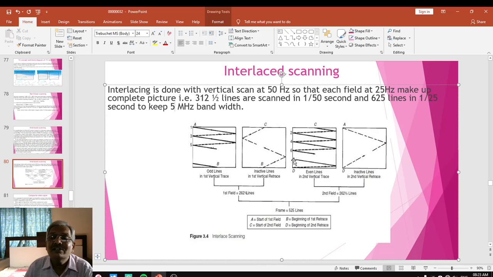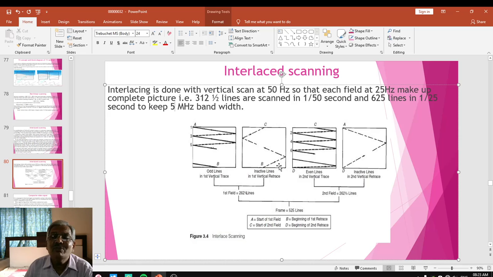And finally, the spot reaches the right of the bottom of the screen. After that, again here, vertical sync pulses are introduced and vertical retrace begins. Then the spot moves again to the left of the top of the screen.